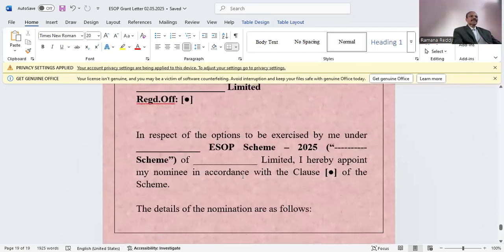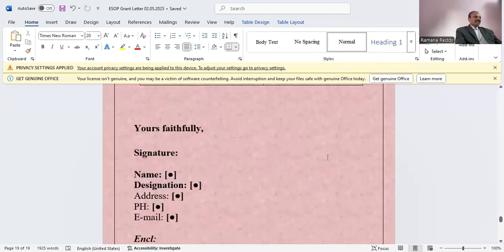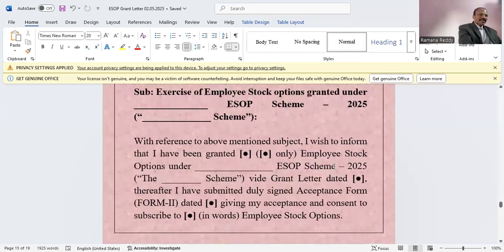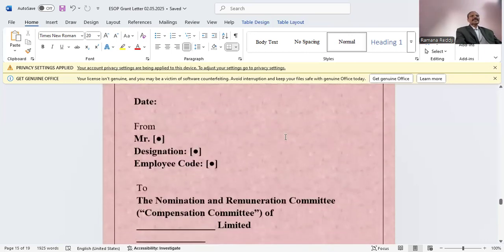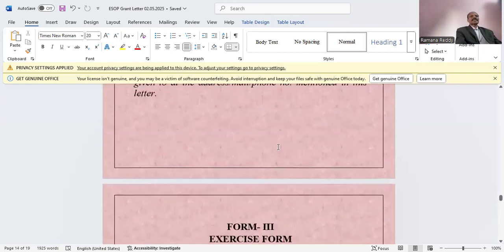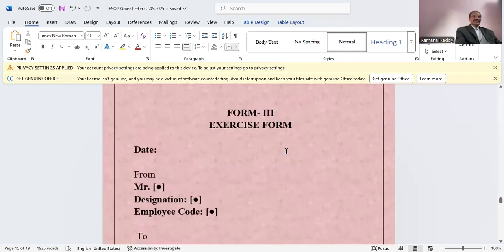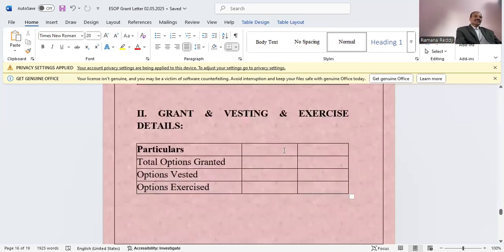So this is the ESOP grant letter format, and along with the covering letter and grant letter come the acceptance letter, exercise form, and nomination form. All formats are supplied along with the ESOP letter.